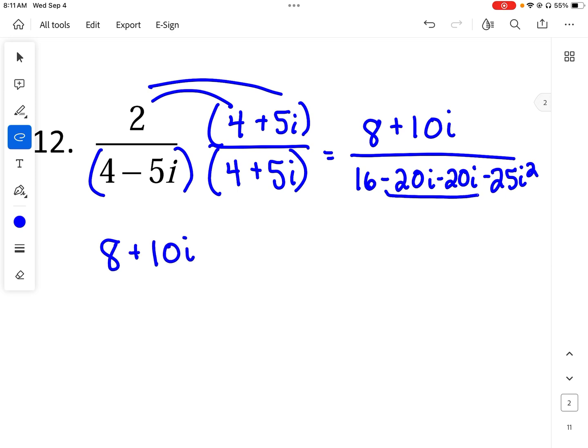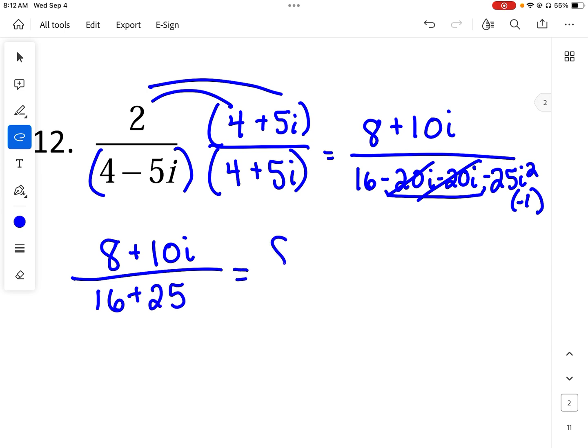These guys cancel each other. Then I get 16 minus 25 times a -1, so that'd be plus 25. So 8 plus 10i over 16 plus 25, which is 41.